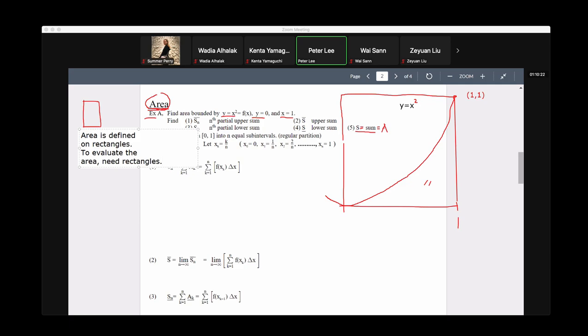You might wonder, can you have a triangle? Don't we know the formula for the area of a triangle? Yes, we do. Don't we know the area of a circle too? Yes, we do. But the triangle area formula is actually based on a rectangle too. How about the area of a circle? Is that based on a rectangle too?